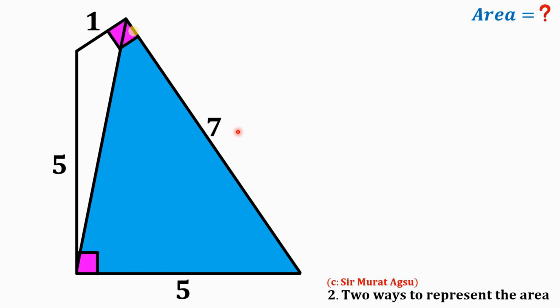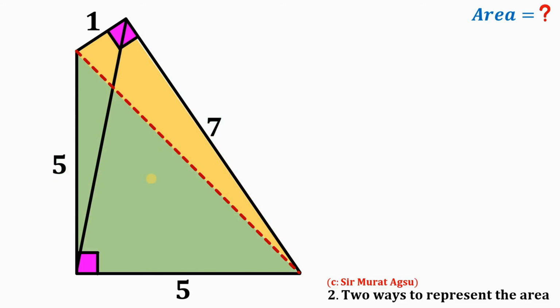So using this information, we know this side length is 7 units. And what we're going to do is divide this quadrilateral again. Now, let's focus on these two right triangles. The area of the whole quadrilateral is the area of this small right triangle plus the area of this isosceles right triangle.